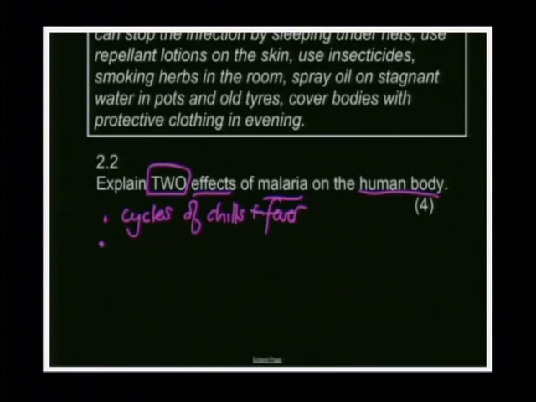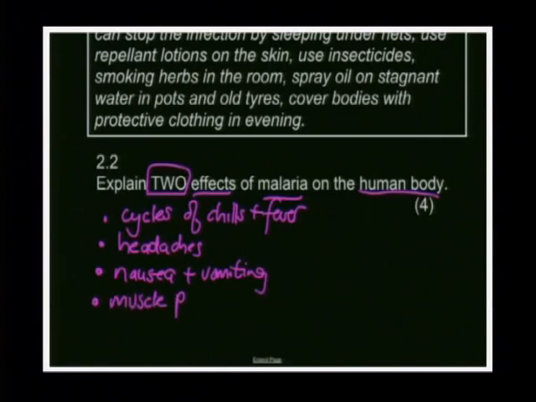You may have headaches, nausea and vomiting. You may have muscle pains, and so on. Remember that a whole list of those was given in the table where we discussed the disease. So literally any two from that table will get you your marks.